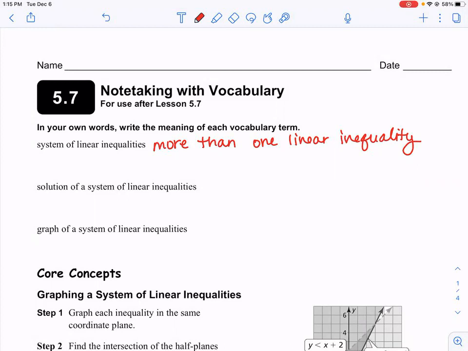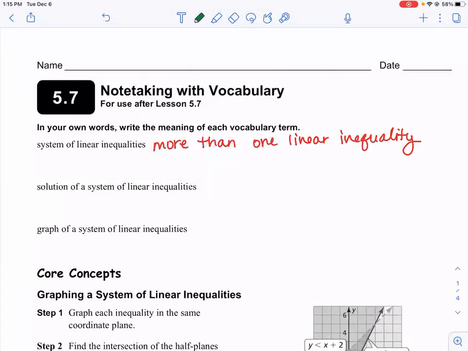Now, with what I asked you to do earlier, we noticed that when we graphed 2 of them together, they both had shading that overlapped, right? And where the shading overlapped, that's when they satisfied both of them.